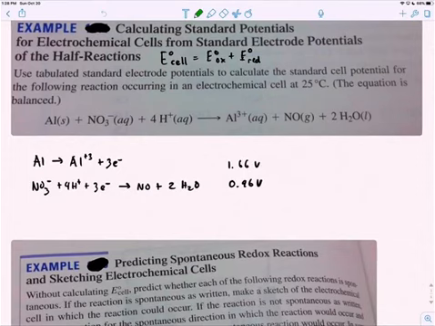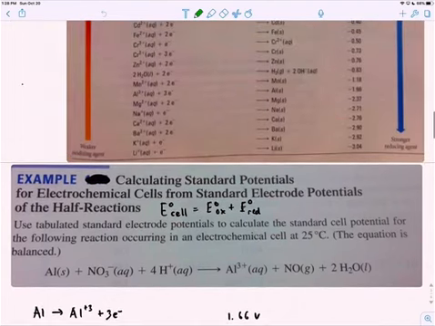Use the tabulated standard electrode potentials to calculate the standard cell potential for this reaction at 25 degrees Celsius. We have aluminum plus nitrate plus 4 H+ makes aluminum 3+ plus nitrogen monoxide plus 2 waters. If you look at the standard cell potential, the reduction potential of aluminum is minus 1.66.